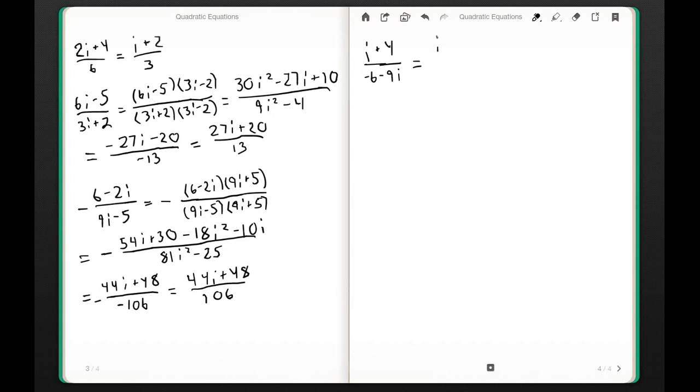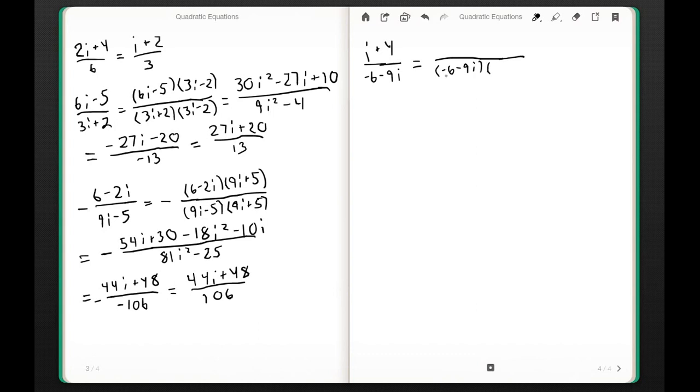But in order to make multiplying by the conjugate a little bit harder, we're not going to do that, because here's another way to do this problem. Negative 6 minus 9i. Don't get confused. The 9i is the second term in the expression, but remember, it's always the sign of the constant, the number here, that changes.